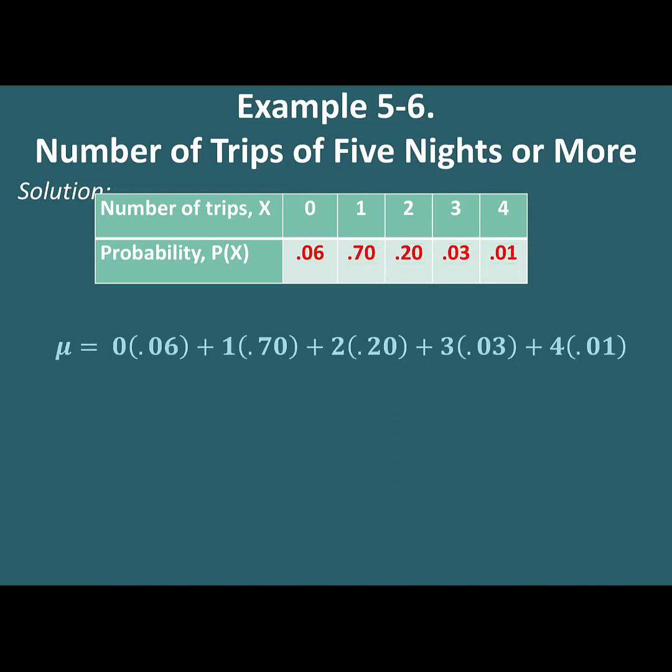Summing up the products gives us the following: 0 times 0.06, 1 times 0.70, 2 times 0.2, 3 times 0.03, and 4 times 0.01, giving us an average of 1.23 trips taken per year lasting 5 nights or more.